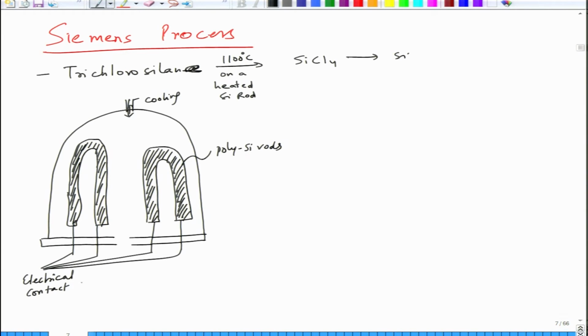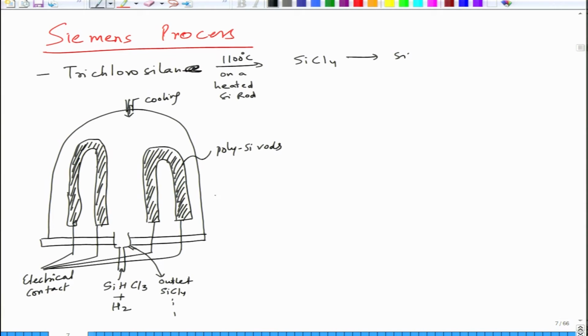So temperatures are about 1100 degrees centigrade, and then through this we put in SiHCl3, which is trichlorosilane, and hydrogen, and somewhere here we also have an outlet for other gases like SiCl4, etc. They come out, okay.